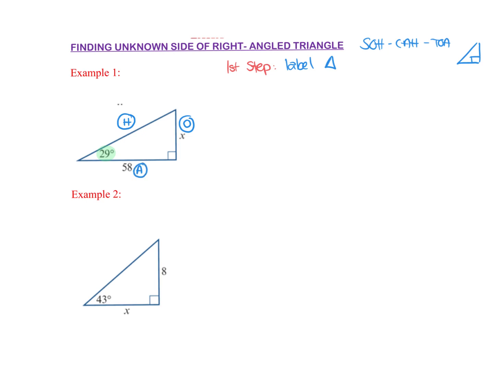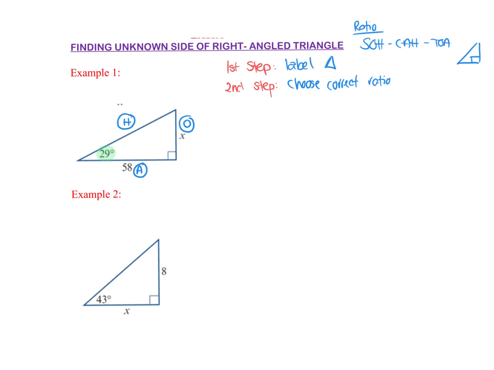All right. So we've labelled our triangle, and then the second step is you need to choose the correct ratio, which is, these are the ratios up here, okay? You look at which one you've got.